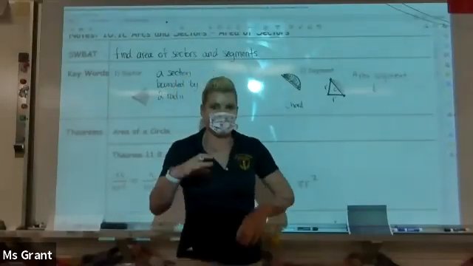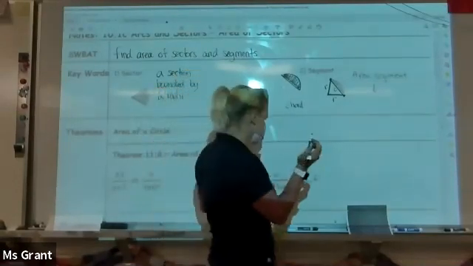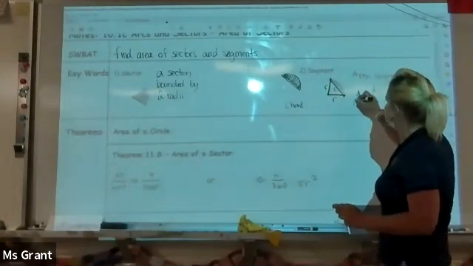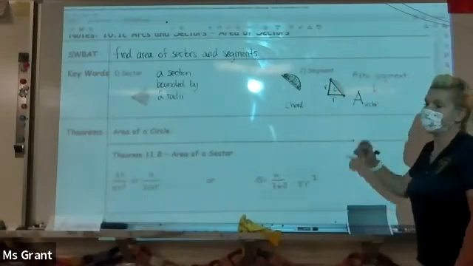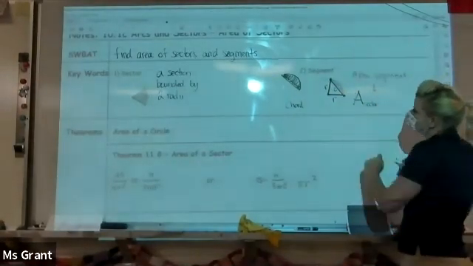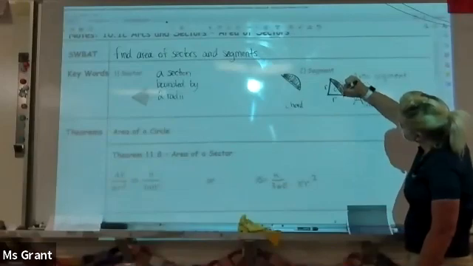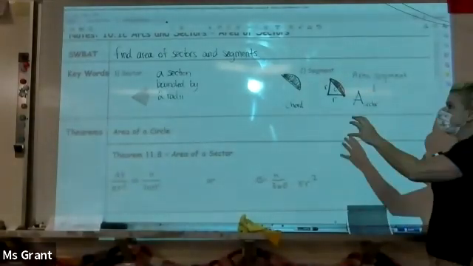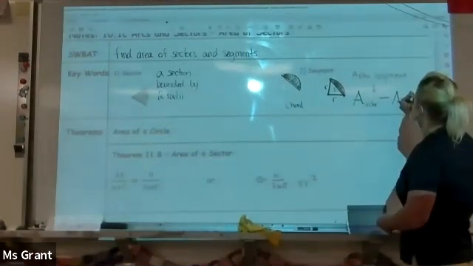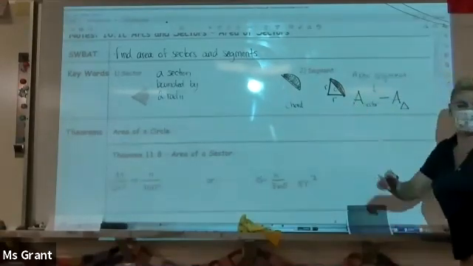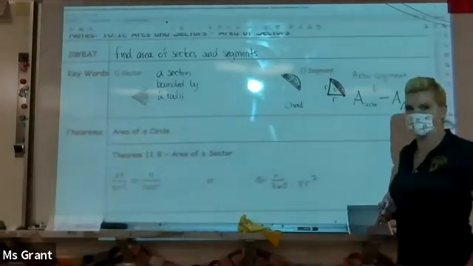So how this is done. I first need to find the entire pie-shaped piece. We're going to call that the area of the sector. Capital A means area, and I'm going to put the word sector down here because I have to do the entire triangle. And then I am going to subtract out just this triangle, the area of the triangle that's created. And I don't know how many degrees my triangle is, so I can't necessarily do 1/2 base times height.